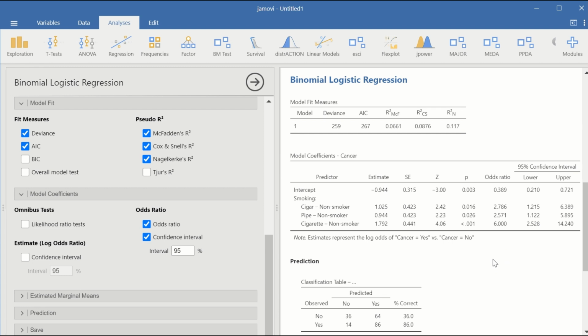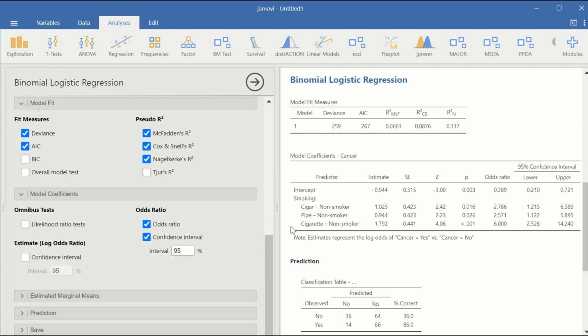The way to interpret this table is that those who smoke cigar have an increased odds of 2.7 compared to non-smoker. Or in another way, those who smoke cigar have a higher chance of developing cancer, or are more likely to develop cancer.